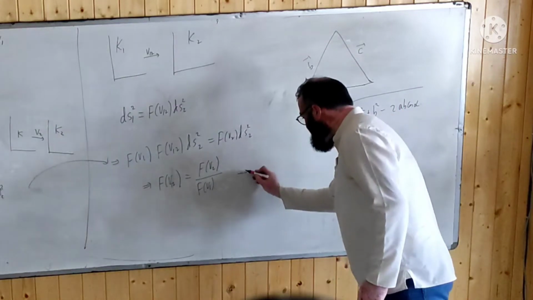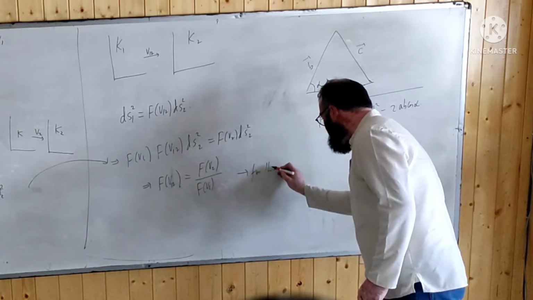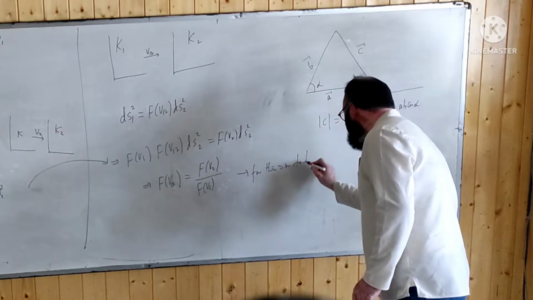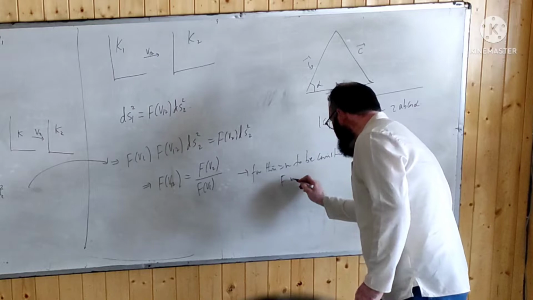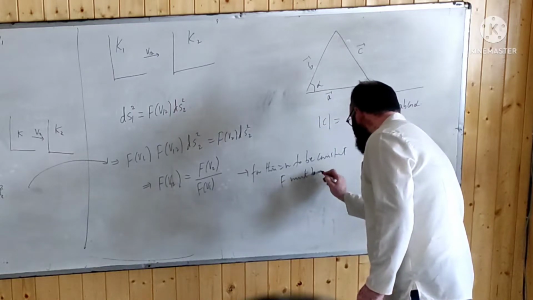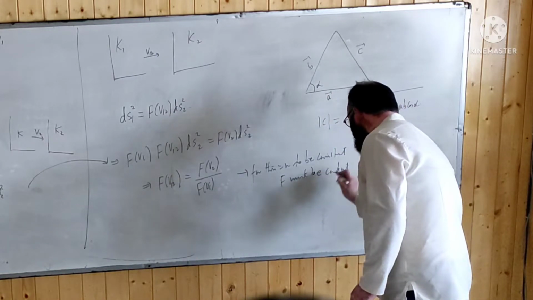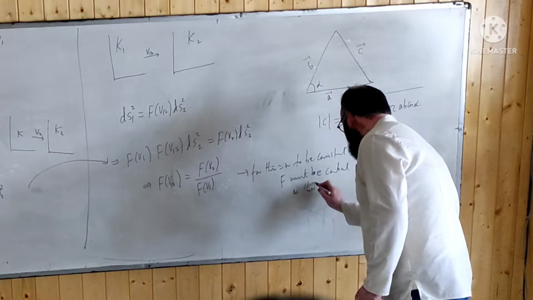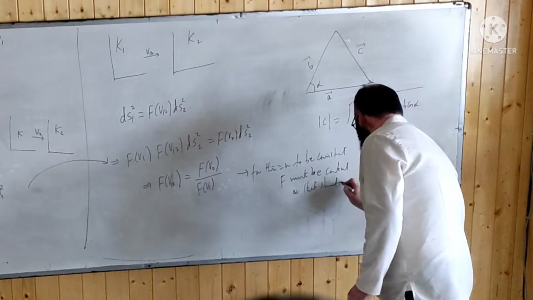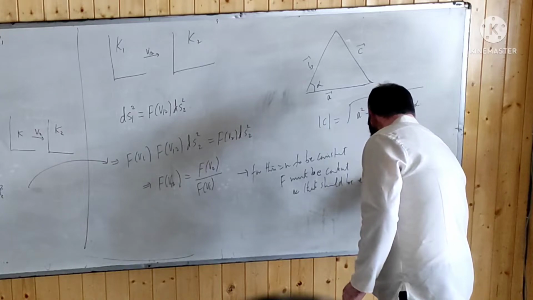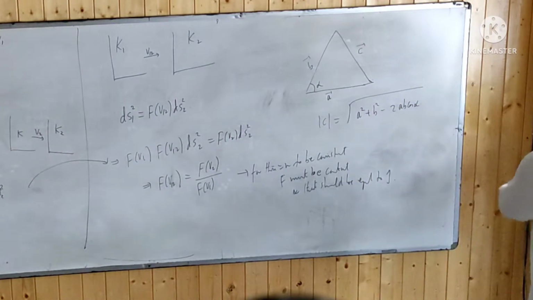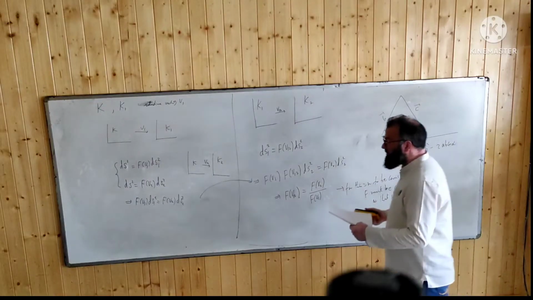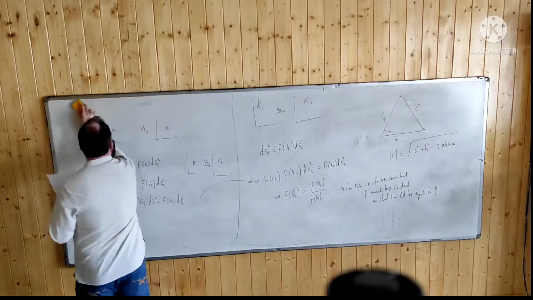So for this equation to be consistent, f must be constant, and that constant should be equal to 1. So now what we have arrived at is a quantity which we call an absolute quantity.